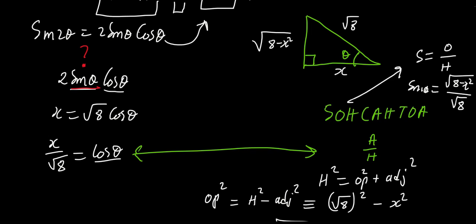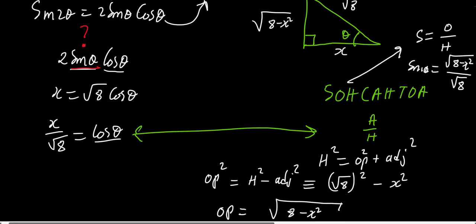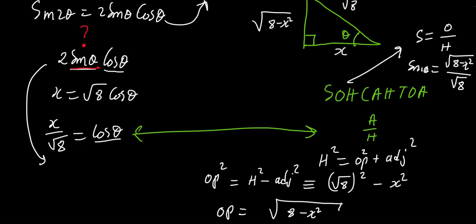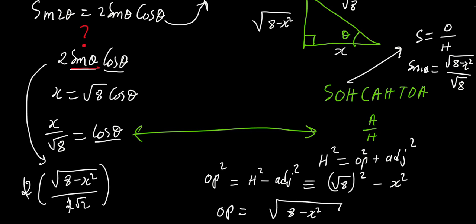So our sine theta is simply the square root of 8 minus x squared divided by the square root of 8. So here we are going to write this as 2 into the square root of 8 minus x squared divided by, remember that the square root of 8 is the same as 2 root 2, such that we can simply cancel this, and our cos theta, as we saw, is x all over the square root of 8.